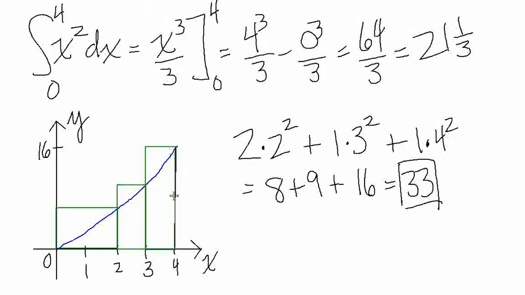Okay, so using the right side rectangle approximation method, we would use these red rectangles. Notice that the leftmost rectangle has no area.